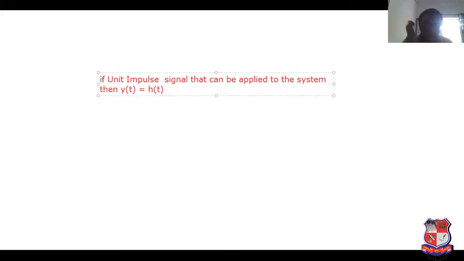If a unit impulse signal is applied to the system, then y of t equals h of t.